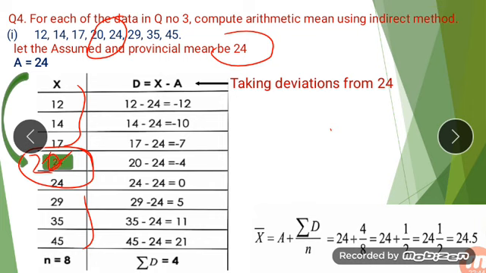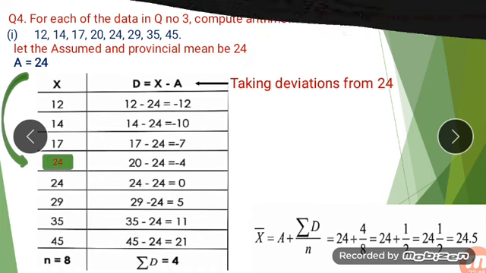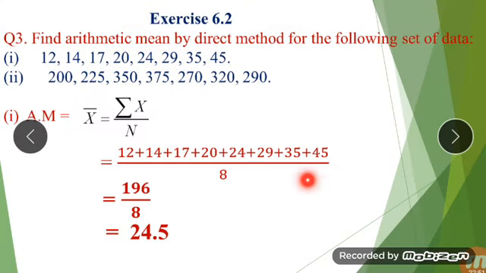Now what you can observe is that if you sum these values directly, and suppose there were large values, like in thousands or in millions, then in the absence of a calculator or statistical software, it is very difficult to calculate.